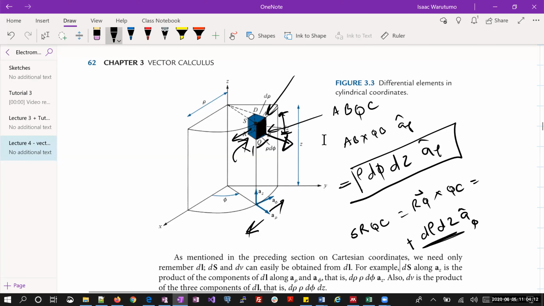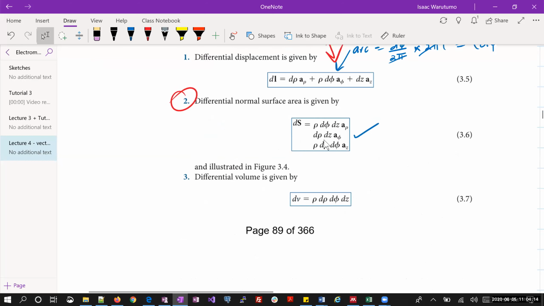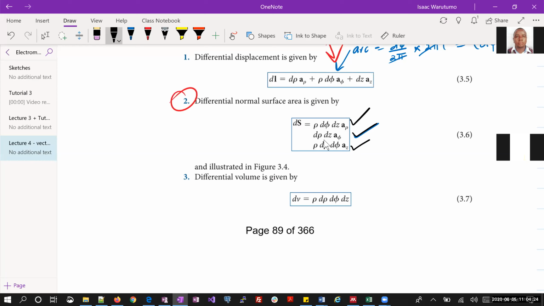For the initial one, we do not introduce the negatives. That is why we have developed this one with you. We have also developed this one, and of course, you can also show that the one facing in the z direction is going to be represented by that last one.